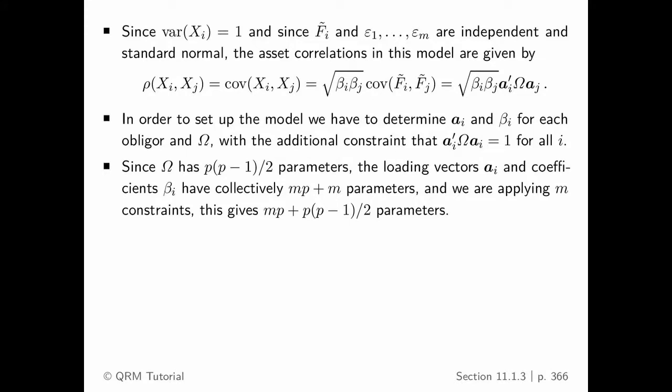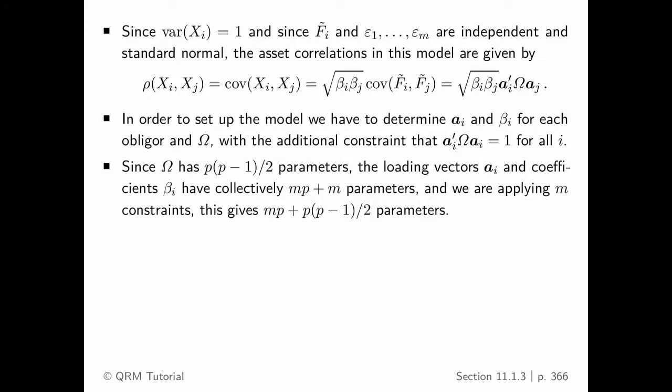So the factors themselves, we will standardize them so that they are mean 0 and variance 1, but they could be correlated with a correlation matrix omega. So we'll come back to this model at the end, but suffice it to say at this point that the Fs have this country and industry interpretation, and we're going to have to calibrate a factor model to reduce the dimension of the correlation matrix.